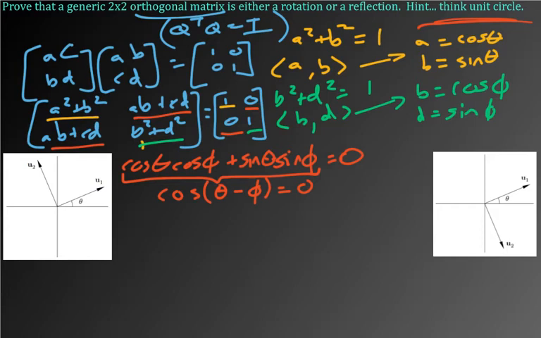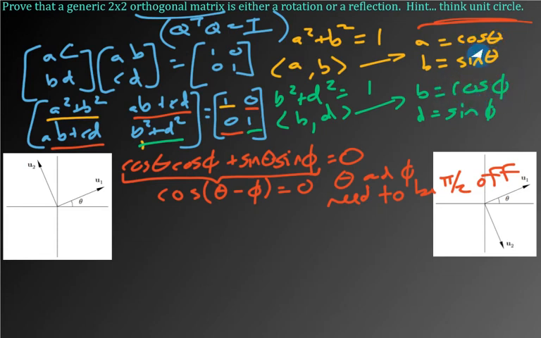If you think about what this is saying, in order for that to be true, theta and phi need to be pi over 2 off. If you took cosine of any angle you want minus an angle that's pi over 2 further down, you can find a function that is shifted pi over 2 from cosine of theta, and that function is sine.